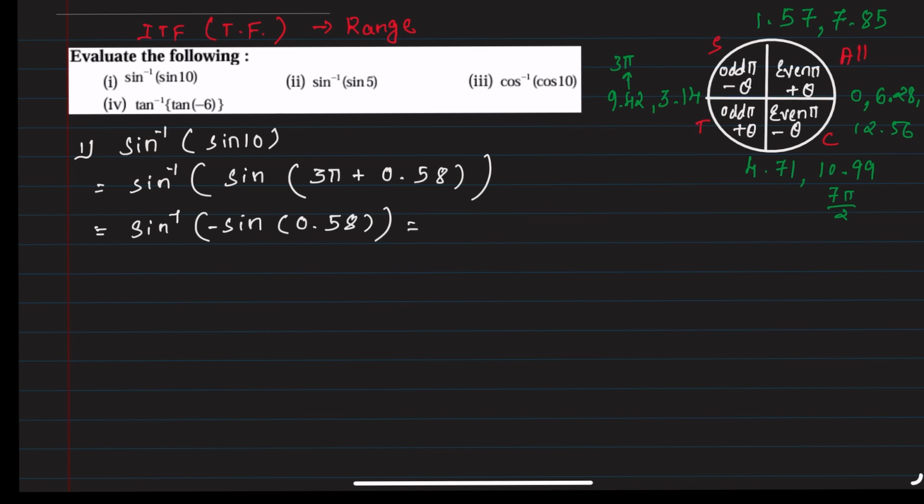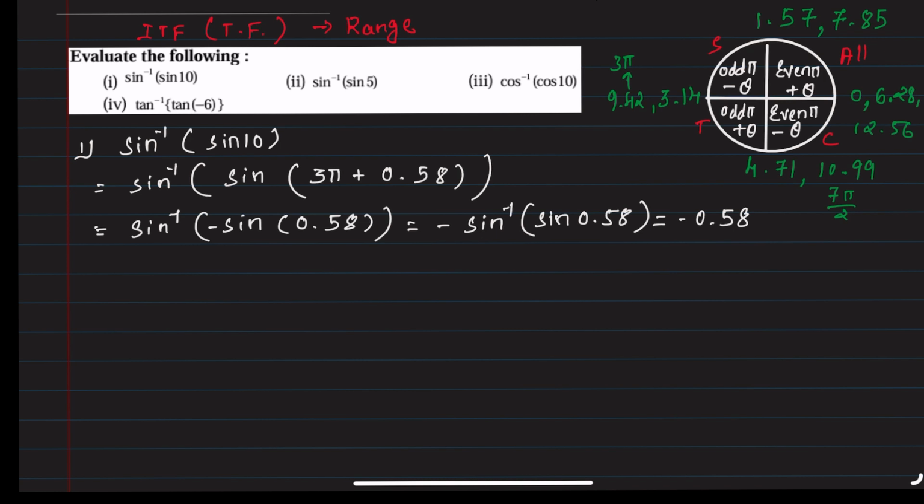Sine inverse of minus sine will be minus sine inverse of sine 0.58. 0.58 means it is less than 1.57. So 0 to pi by 2, first quadrant. So directly we can take the value outside. Correct answer is minus 0.58.